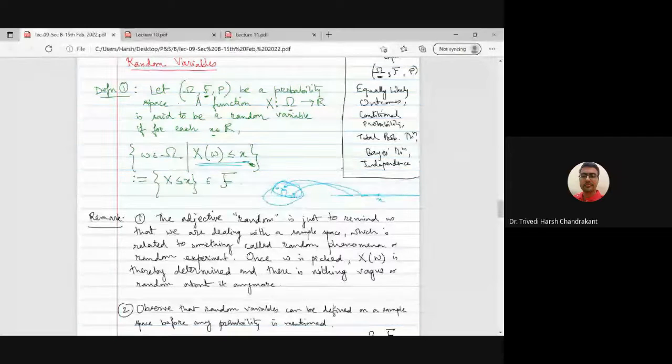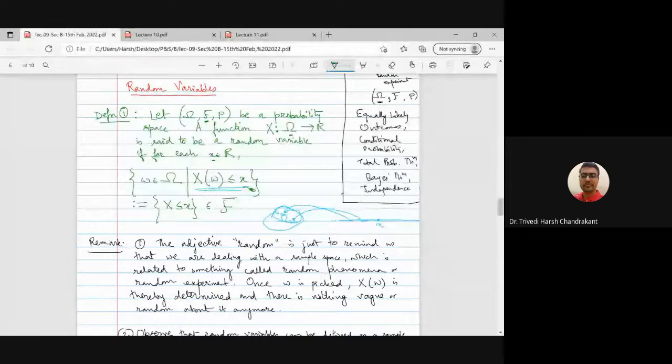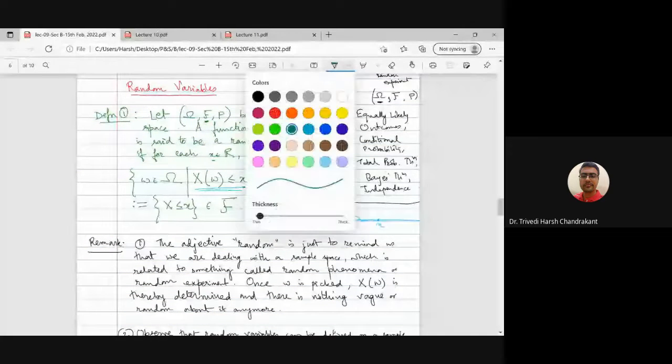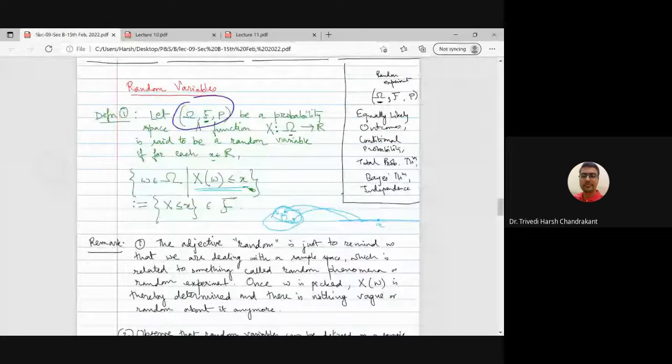Okay, so in the last lecture, it was discussed what the definition of the random variable is. Usually the random variable is defined as a function on the probability space to the set of real numbers, right?